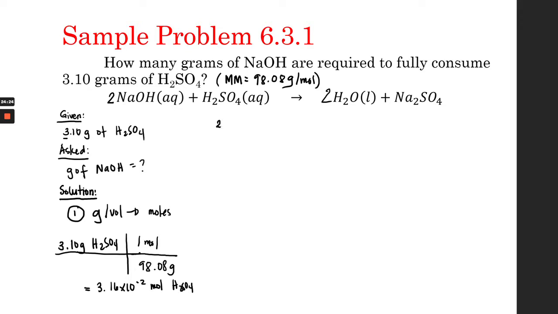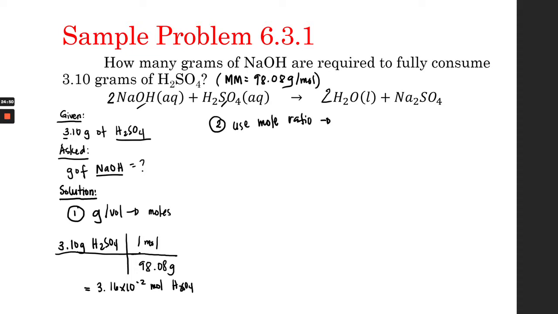Then let's go to our step 2. In our step 2, we have to use the mole ratio. And in this case, because of the question, what we are looking for is the mole ratio between the two reactants, because you're looking for the grams of NaOH and H2SO4, and these are both part of your reactants.